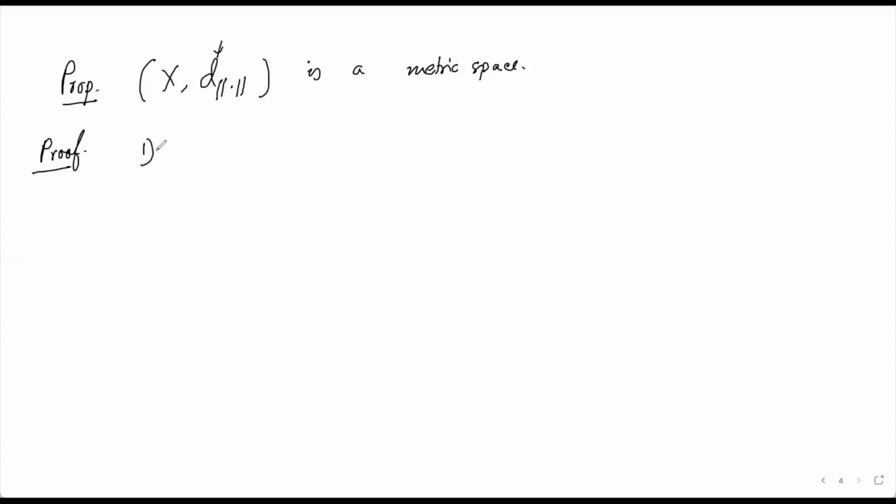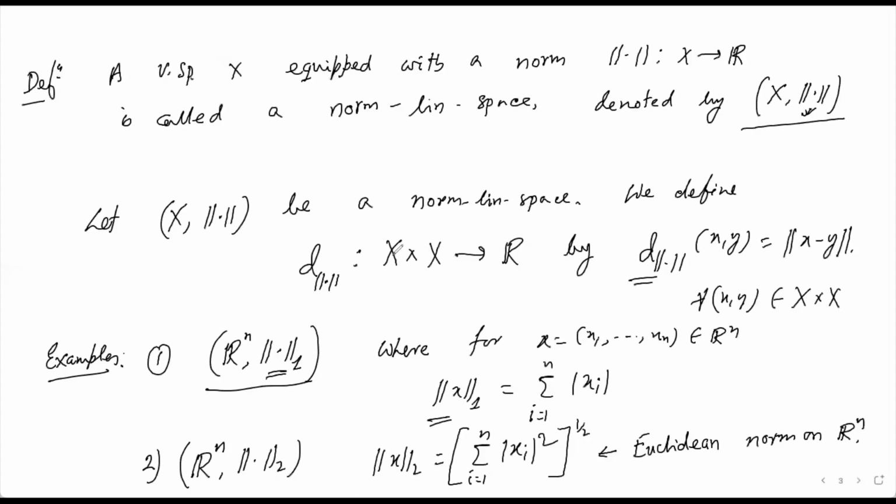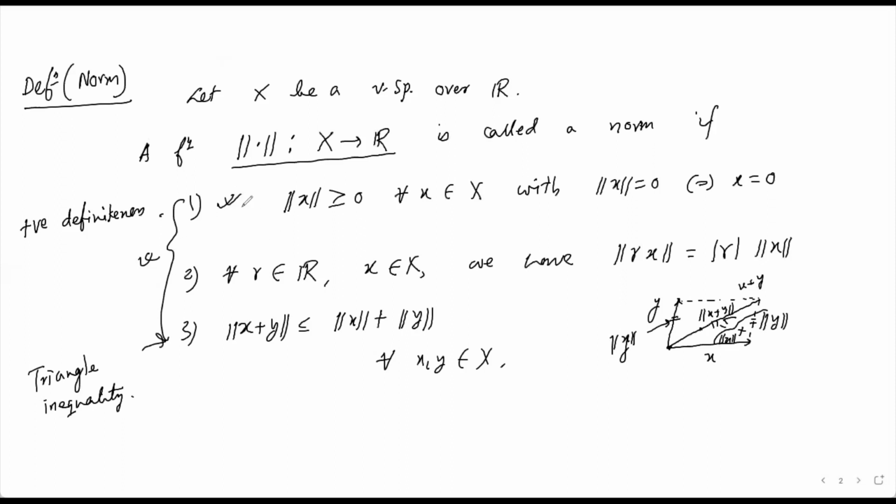So first one is positive definiteness. d sub norm of x comma y. So what is this? This is equal to norm of x minus y by the definition of the function d sub norm. And norm of x minus y is greater than or equal to 0 by the first condition of the definition of norm. So the norm of x is greater than or equal to 0 for every vector in the vector space.